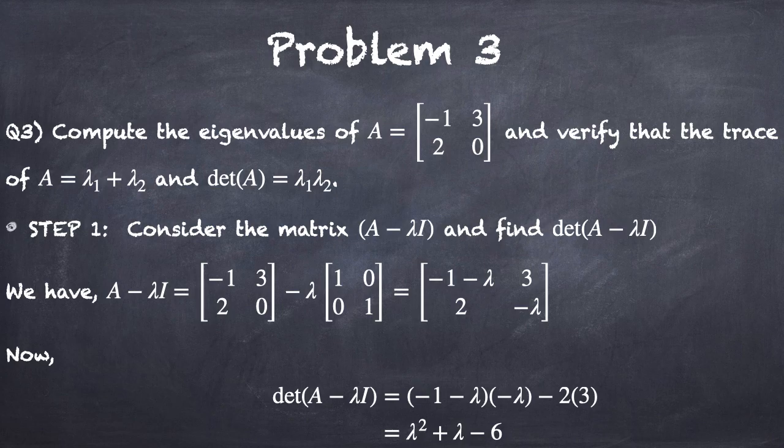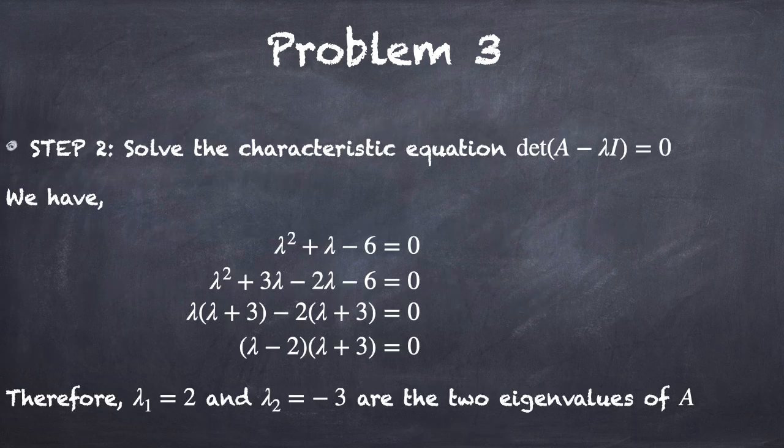Because it's a 2 by 2 matrix, we just use the direct formula: we multiply the diagonal entries and subtract the product of the off diagonal entries. After simplification, we got lambda squared plus lambda minus 6.